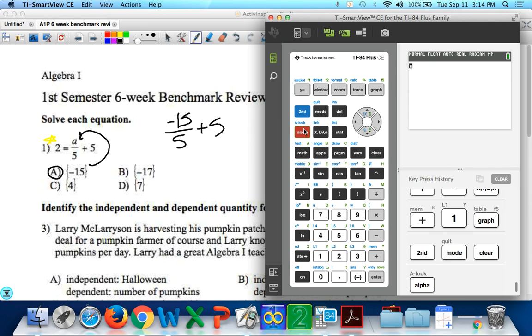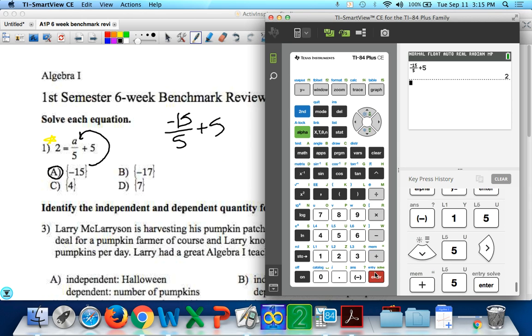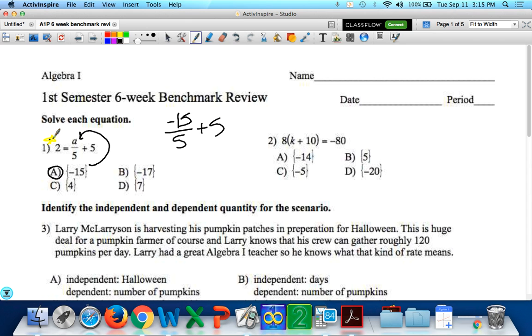You can see alpha y equals enter, that's how you get a fraction, -15 over 5 plus 5. Hit enter, and we get the 2 that we were looking for. Okay, so don't ever forget with these solving equations, you have the answers in front of you.